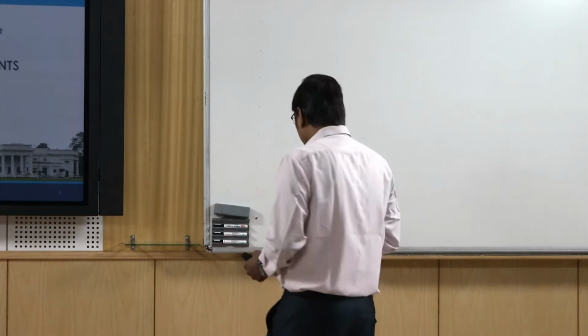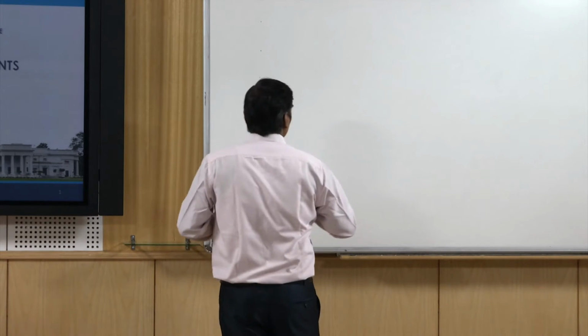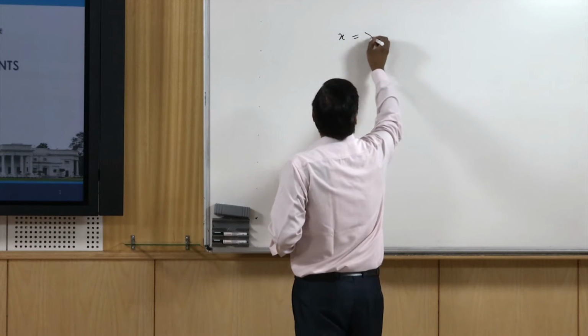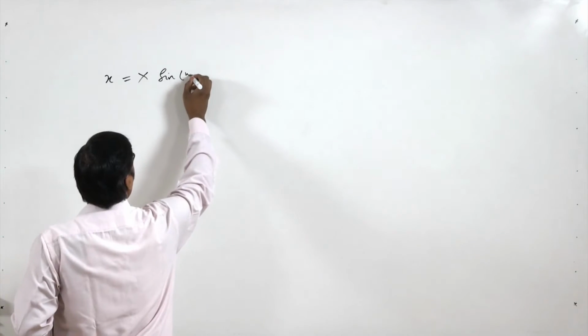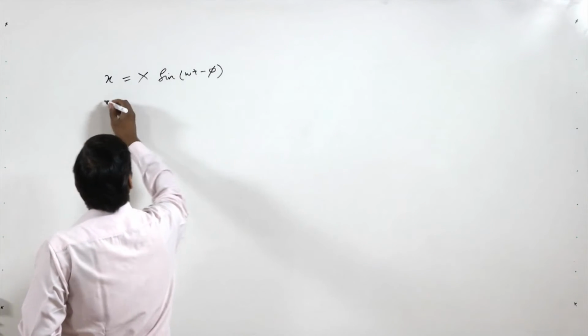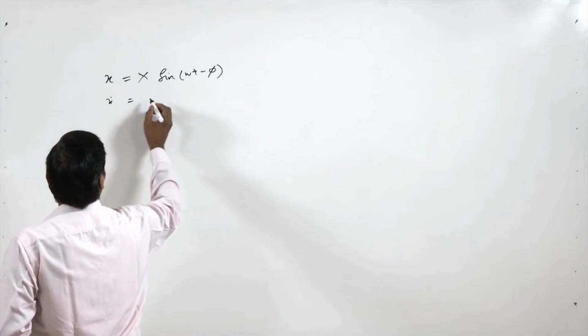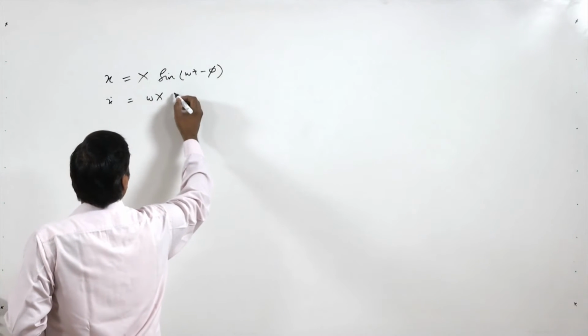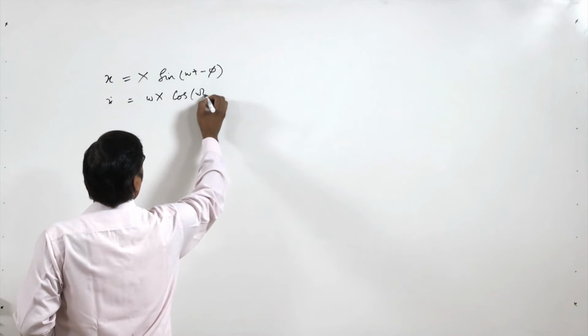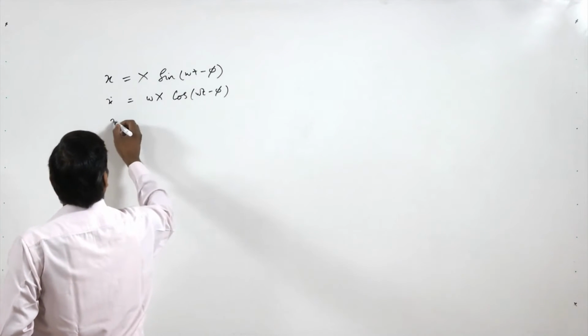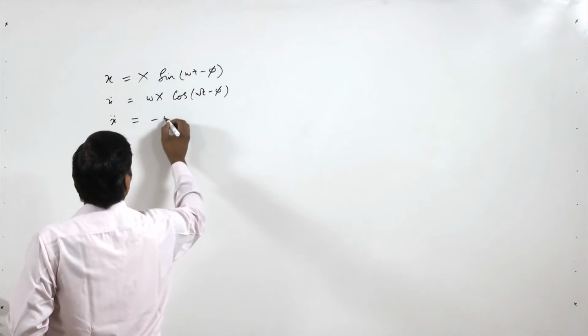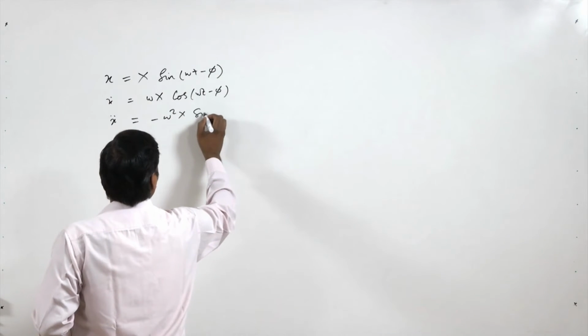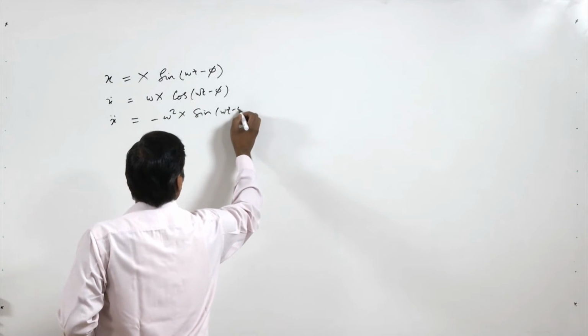Moreover, if we differentiate x equal to X sin (omega t minus phi), we get x dot, that is omega X cos (omega t minus phi), and x double dot, that is minus omega square X sin (omega t minus phi).